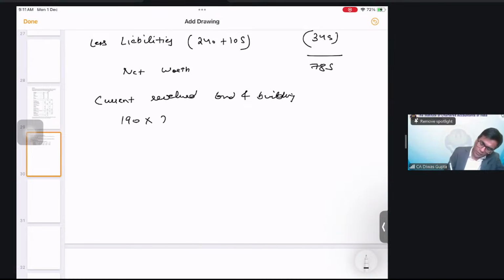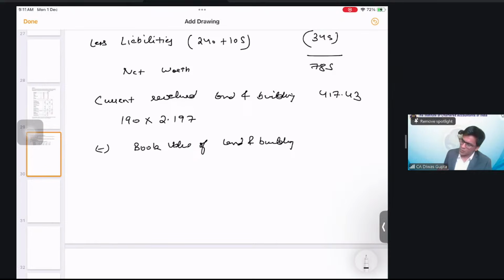Into 2.197 is 417.43, less the book value of land and building, which is actually 190.